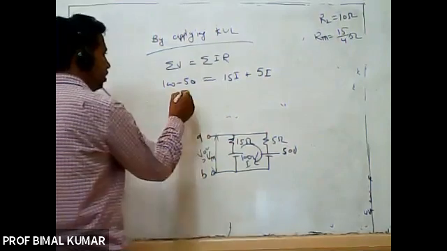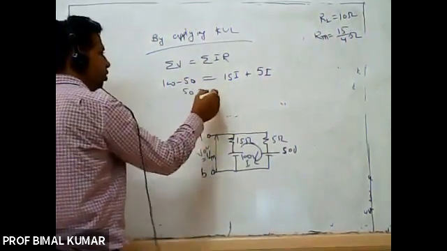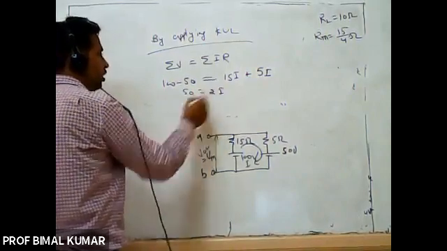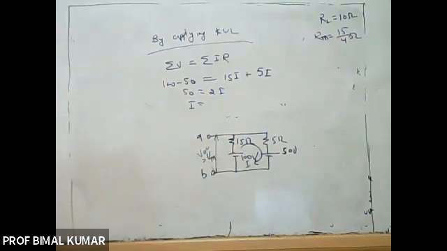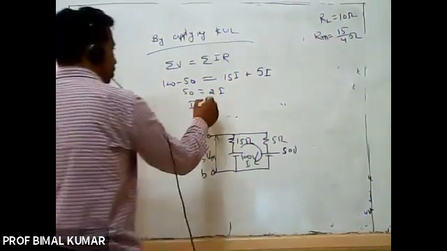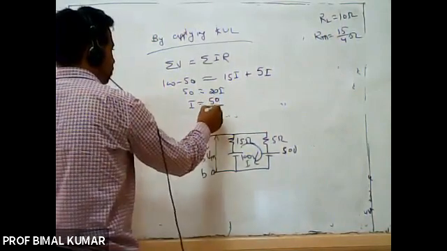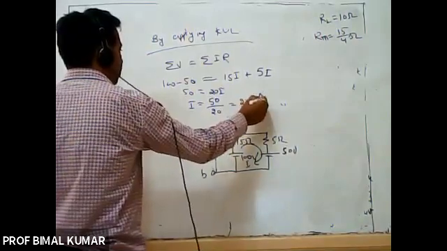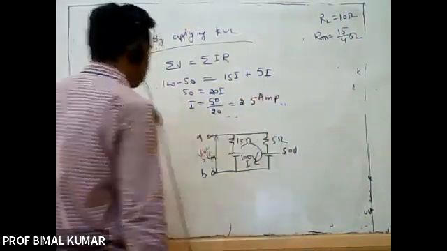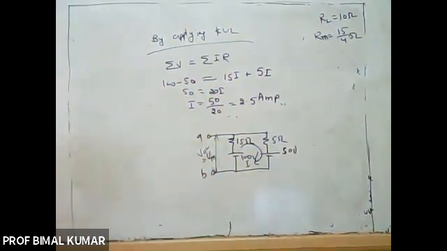So 50 is equal to 20I. From this, I is equal to 50 upon 20, 2.5 ampere. Right? Current in this branch will be 2.5 ampere.